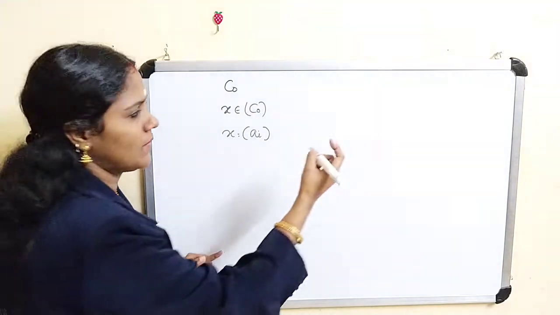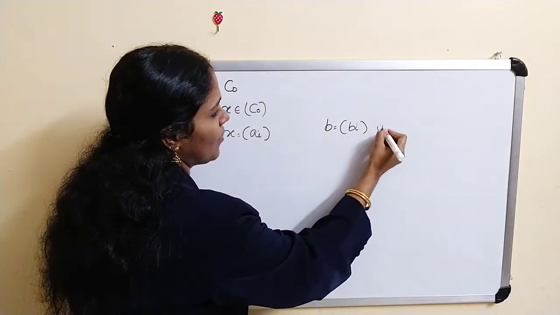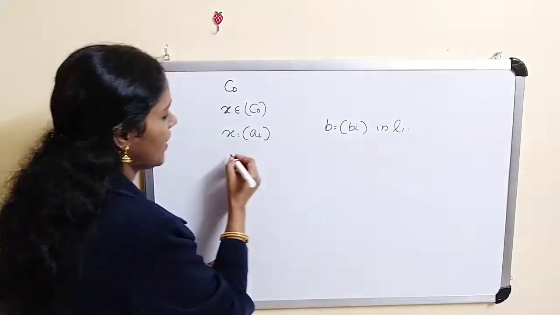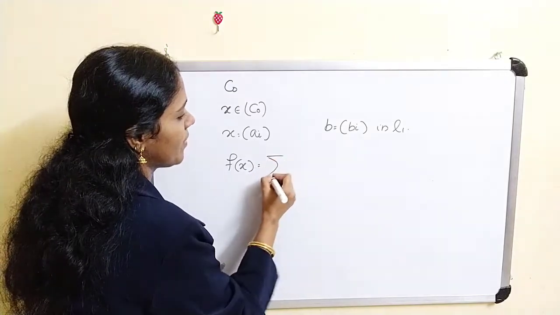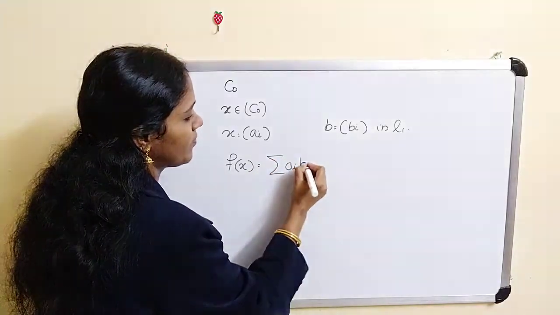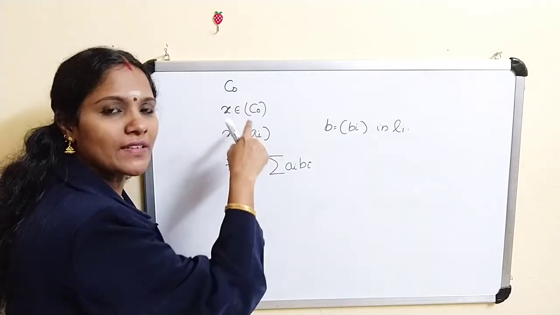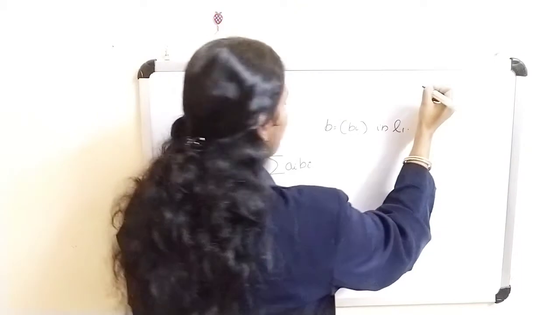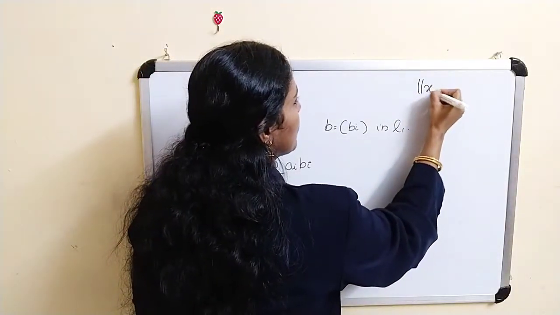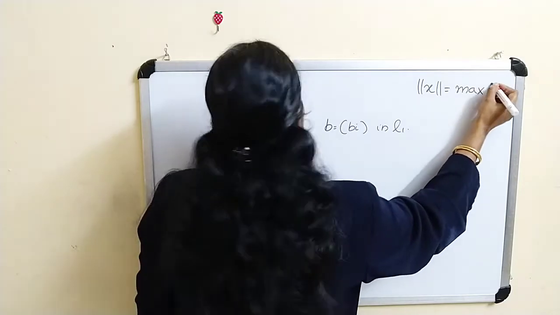We fix some b equal to (b_i) in L1, and we have defined f of x is equal to sigma a_i b_i. Now in C0 the norm is the sup norm. That means norm of x is equal to the supremum or maximum of mod a_i.